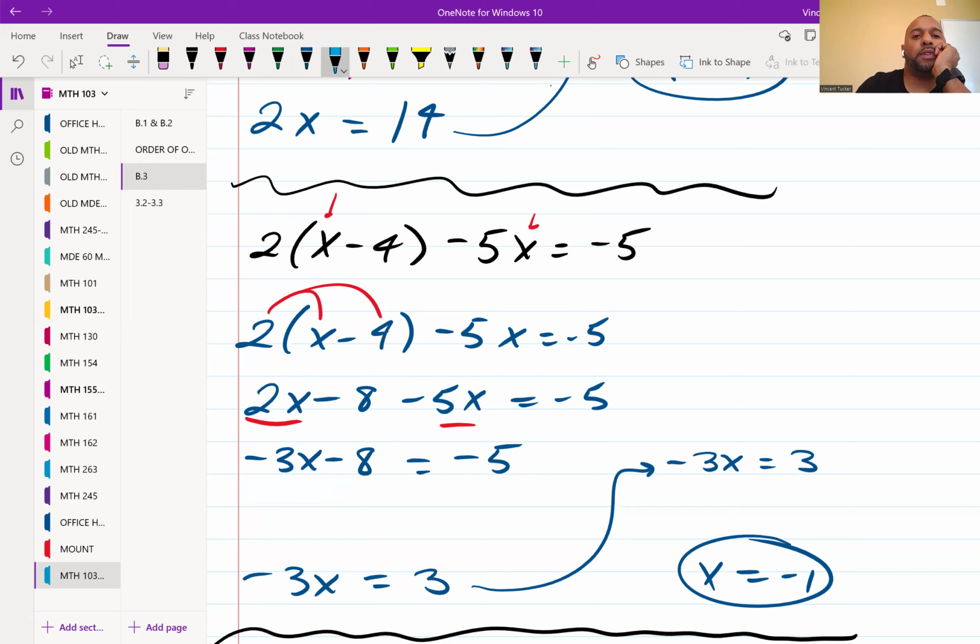Everybody so good so far. So now we're right here, which is the same scenario that we had in our last problem. So the first thing we need to do is move that 8. So we have a minus 8. That means we need to add 8. The 8's cancel, at least on the left side, and that gives me negative 3x. And then on the right side, negative 5 and a positive 8 is a positive 3.